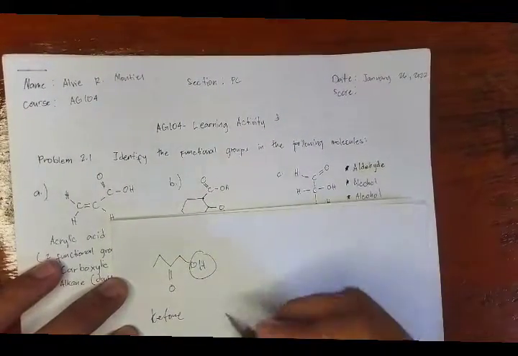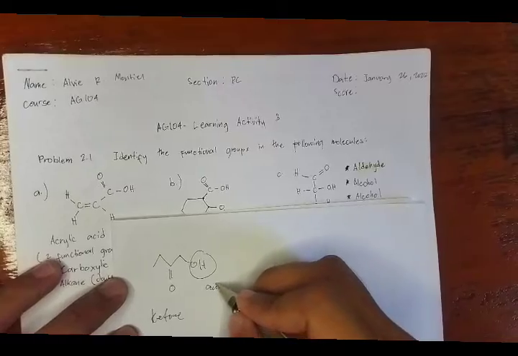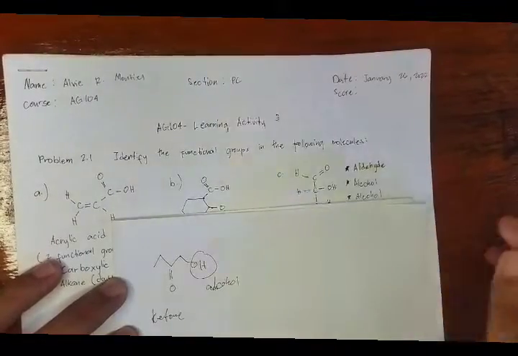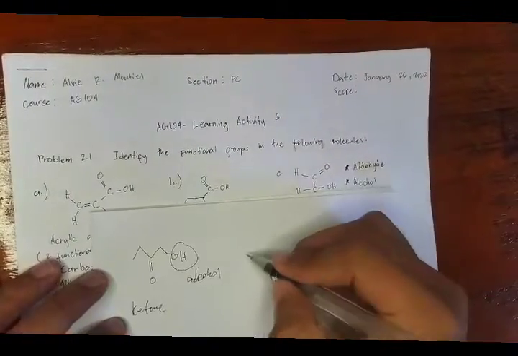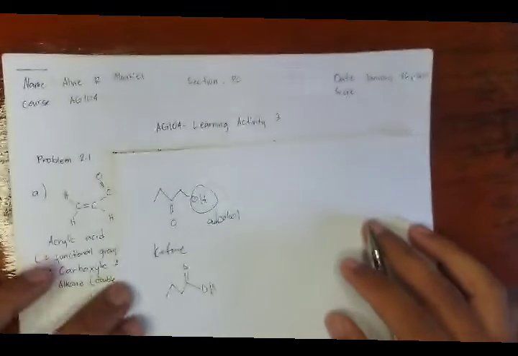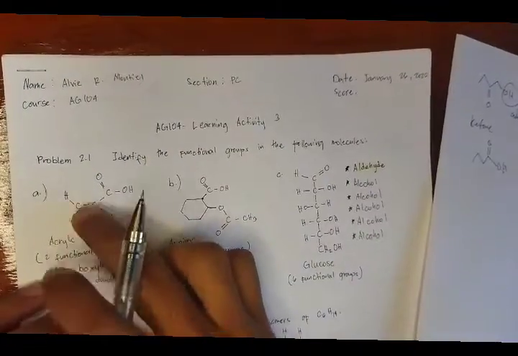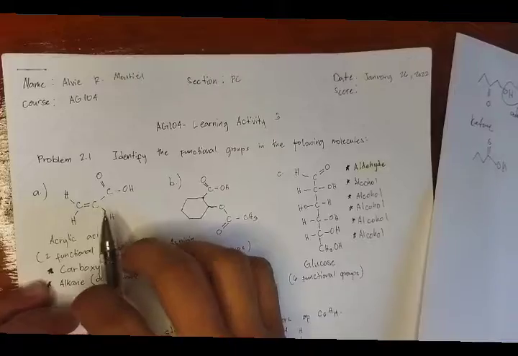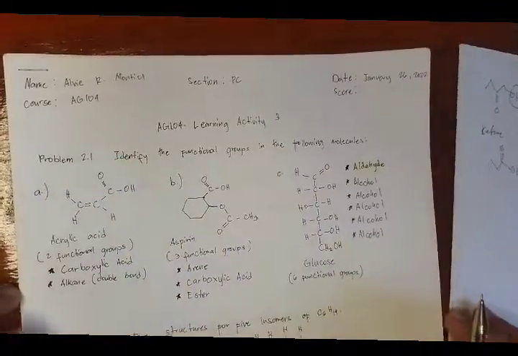So we would see an alcohol and a ketone instead. But if we put the double bonded carbon to the oxygen closer to the OH, then that would be carboxylic acid. Again, the double bond carbon is the alkene double bond.